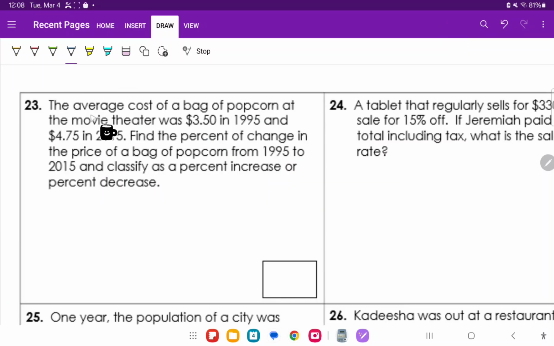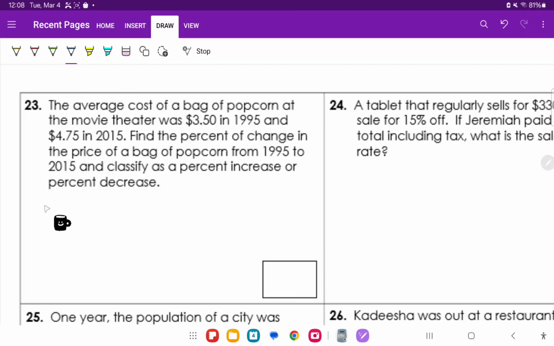Okay, so number 23, the average cost of a bag of popcorn at the movie theater was $3.50 in 1995 and $4.75 in 2015. Find the percent of change in the price of a bag of popcorn from 1995 to 2015 and classify as a percent increase or percent decrease.